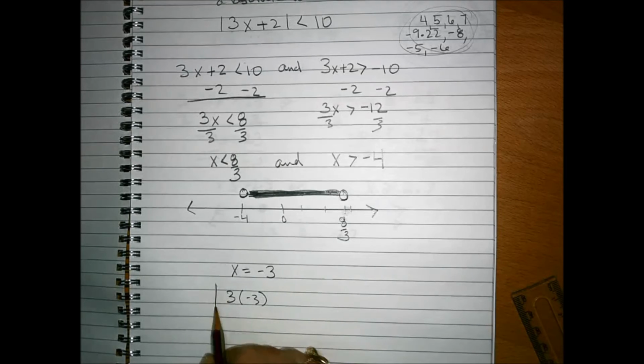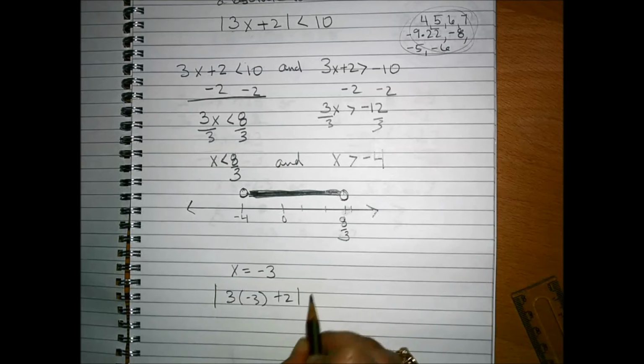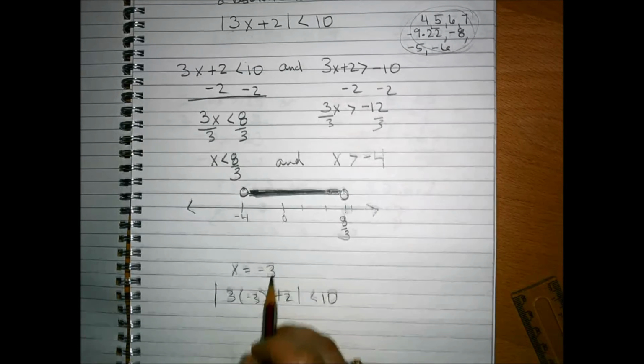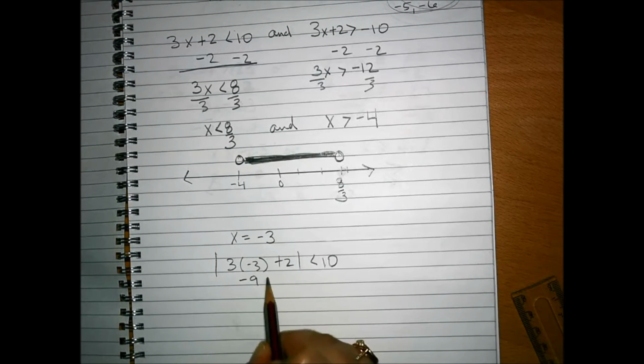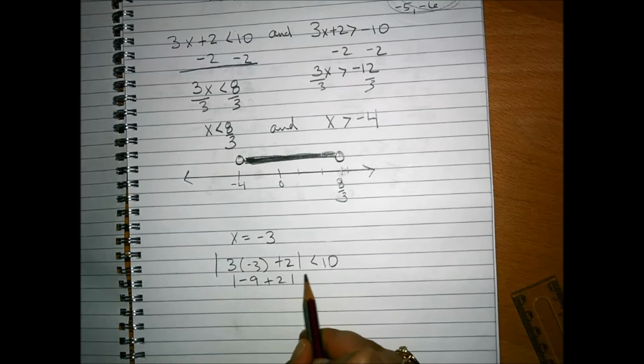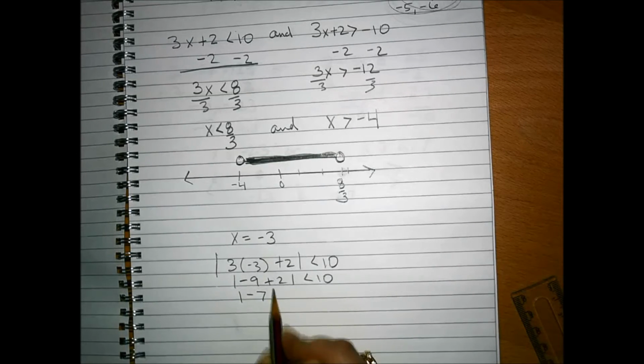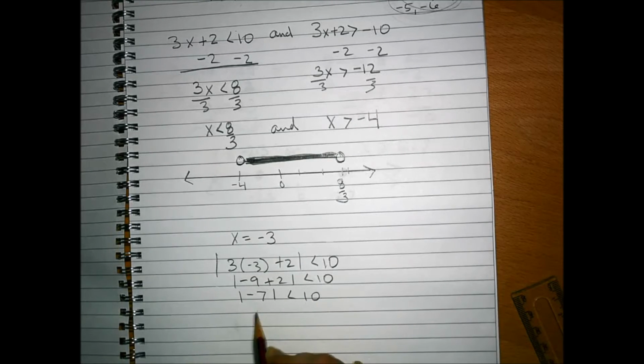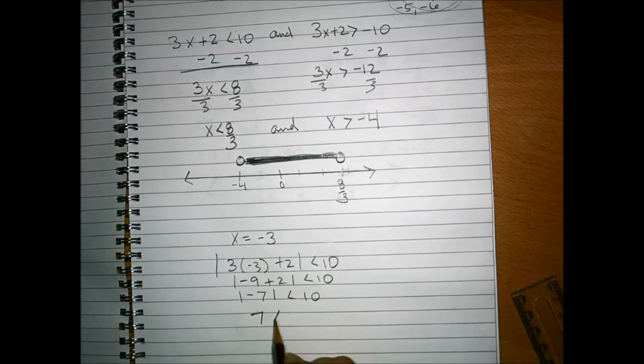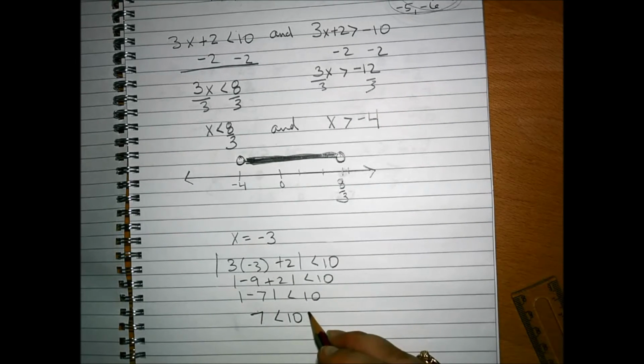Well, let's see. If we have that this is negative 9 plus 2, keep in the absolute values, that's really important. And then negative 9 plus 2 is negative 7, so we're going to eventually take the absolute value of negative 7, which is positive 7, and that still is less than 10.